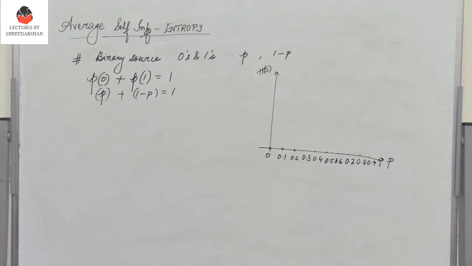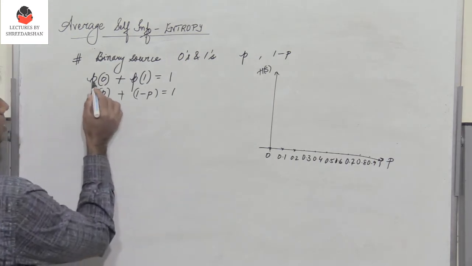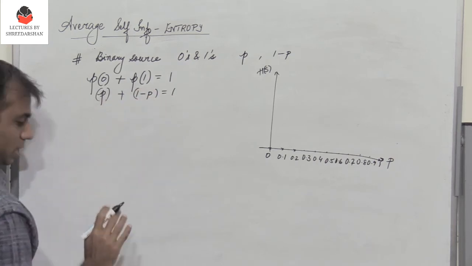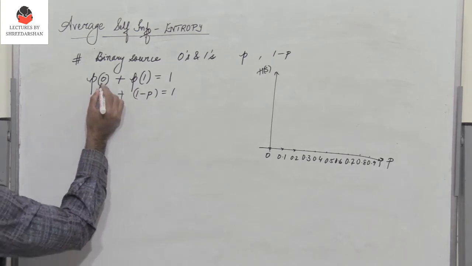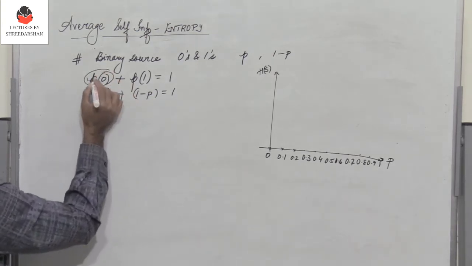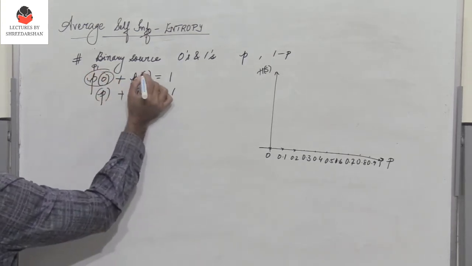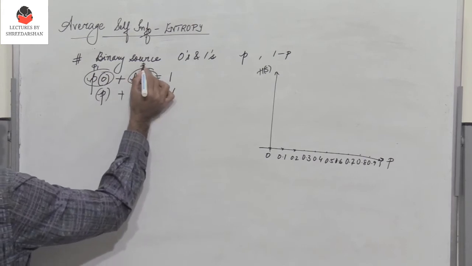Okay, so now let us take these values. Let us assume that p of 0 is p, p of 1 is 1 minus p, right? Now let p of 0 be called p1 and p of 1 as p2.